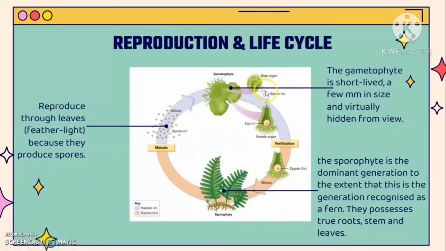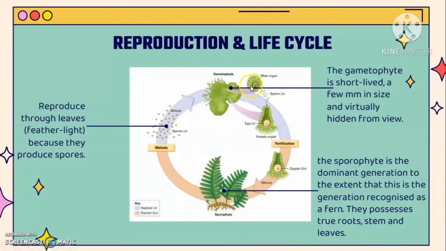The male organ, which is sperm, goes to the egg, undergoes fertilization, and becomes a zygote, which is 2N. Then it undergoes mitosis and becomes a sporophyte. So the sporophyte here is the fern.